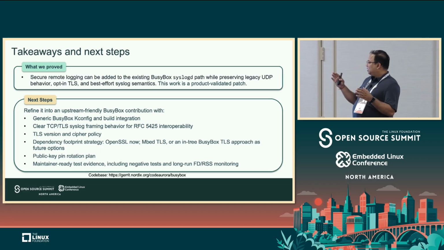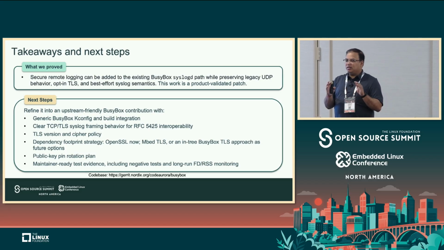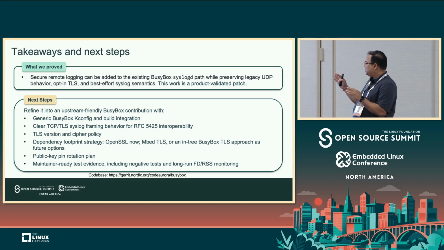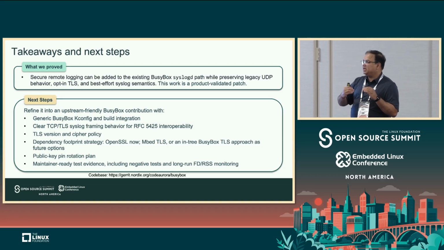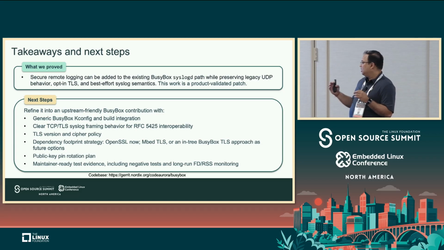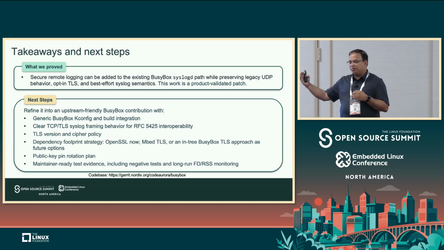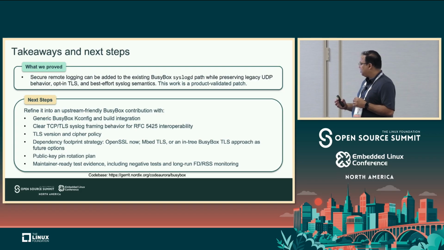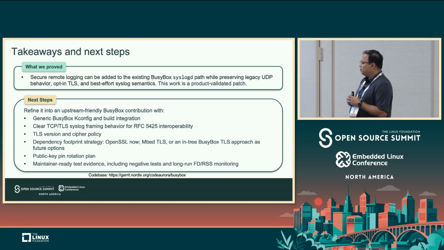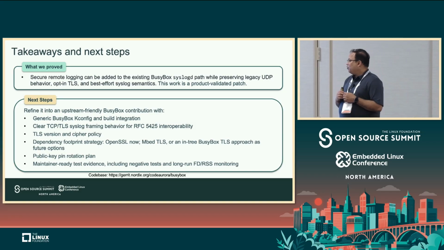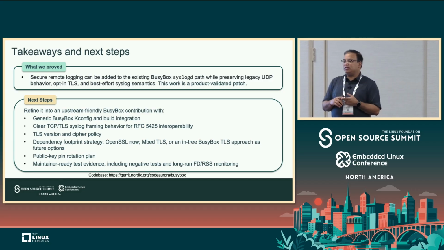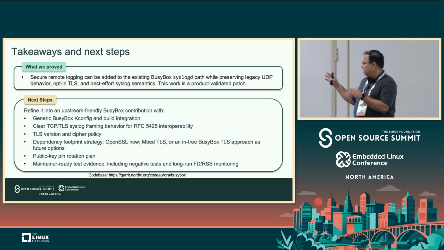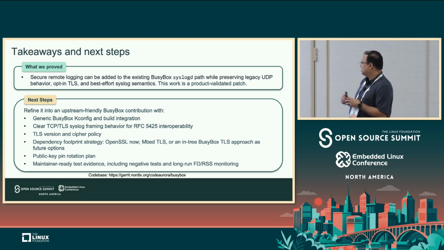We want to ensure that the framing which we did for the RFC handling is clear, that we only handle the best effort delivery scenarios and remote negotiation scenarios during message deliveries. We want to ensure that the TLS versions and the cipher policy which we support are crystal clear during this entire upstream process.